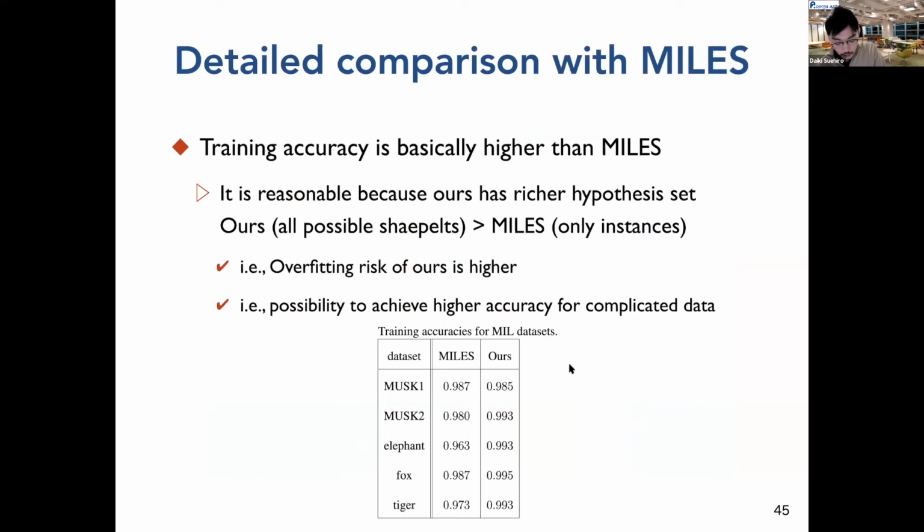And it is actually natural and reasonable because our hypothesis set is richer than MILES. And unfortunately, it means that ours has a higher overfitting risk, but on the other hand, ours has a possibility to achieve higher accuracy for more complicated data. And this is an important future work.